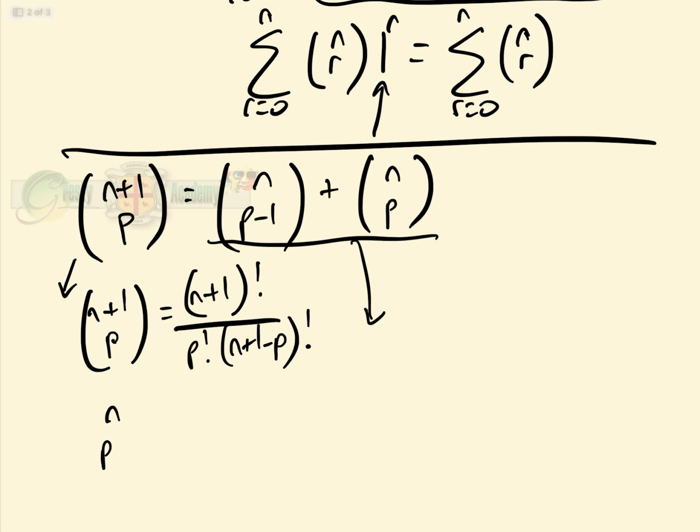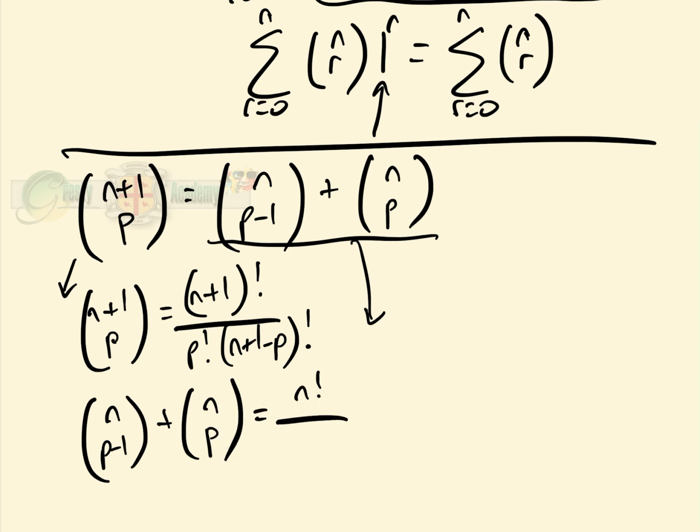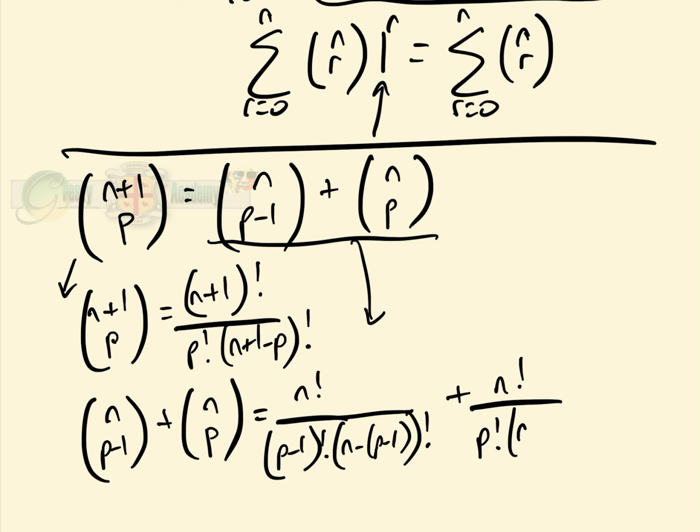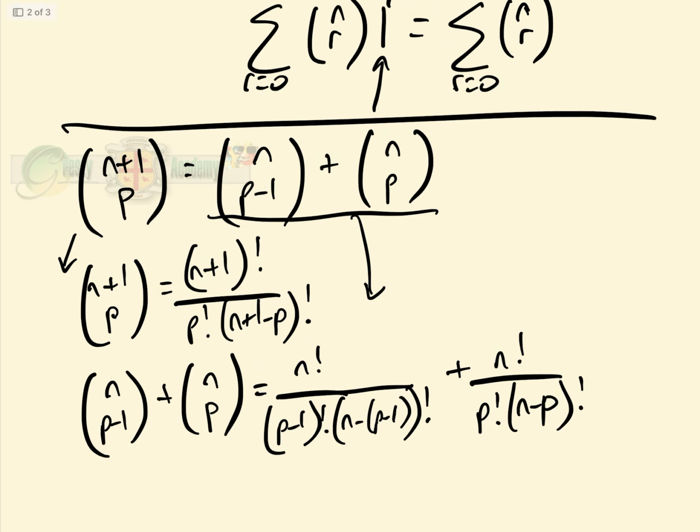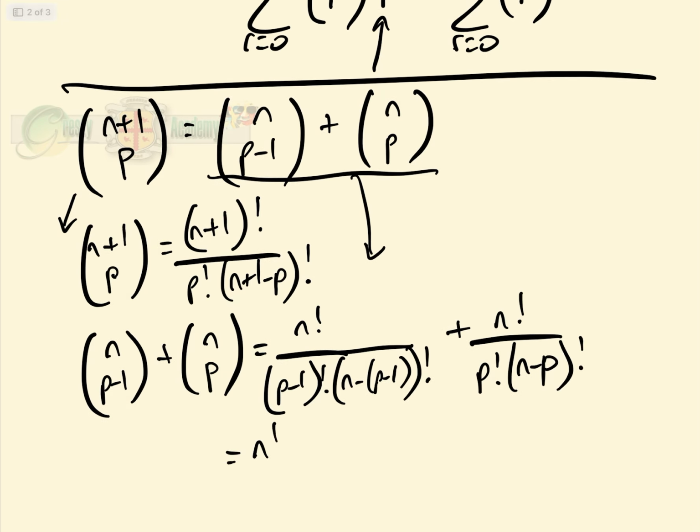So C(n, p minus 1) add C(n, p) equals n factorial over (p minus 1) factorial times (n minus p minus 1) factorial, add n factorial over p factorial times (n minus p) factorial.